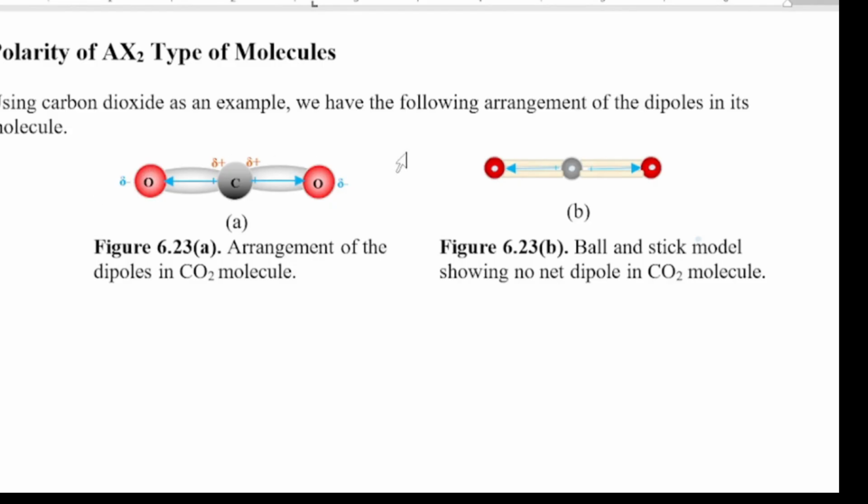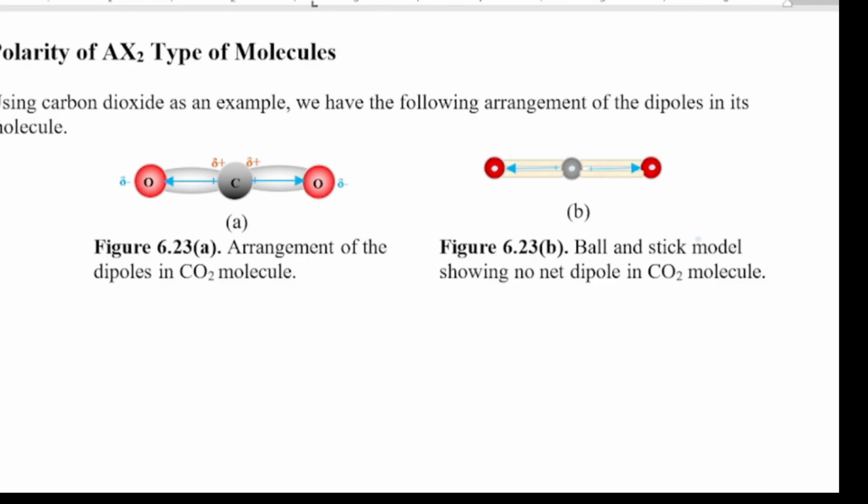So carbon dioxide here has a central carbon atom with two oxygens at 180 degrees away from each other, a linear molecule. Oxygen being more electronegative than carbon will pull electron away from that, and this will pull away electron from that. Carbon is expected to become positive, but because this dipole is equal and opposite to that one there, their effects will cancel out, and therefore no net charge will appear on this. And this is the ball and stick model there, and you can see we've put no charge on them.